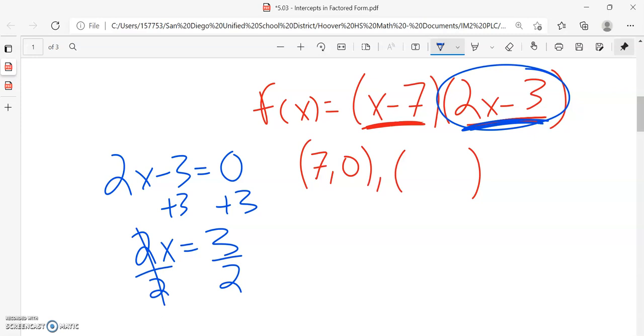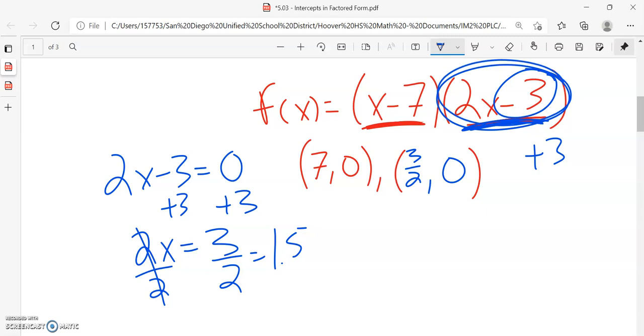So we get x equals 3 over 2, or 1.5. I want you to be careful so you don't look at this last number and just say, oh, it's positive 3. That's our x-intercept. That's not exactly true. We need to set this whole thing to equal 0 and then solve for it.